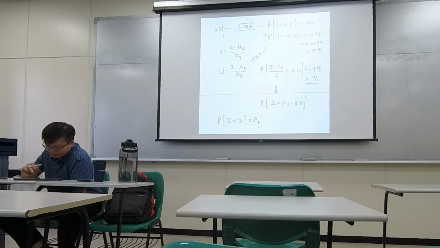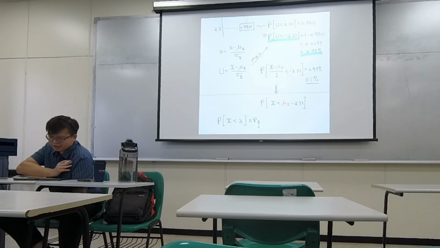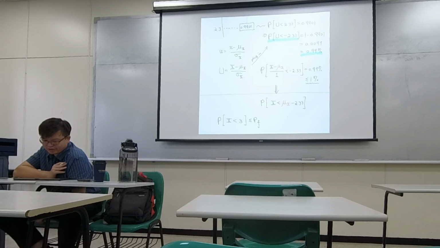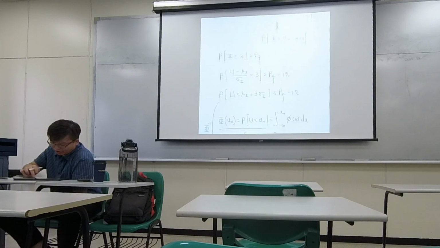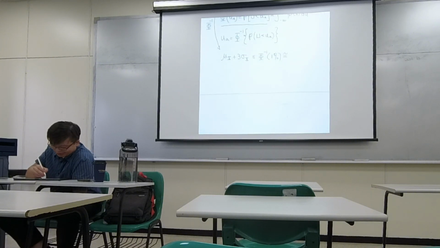So this is close to, we already know, negative 2.33. So recall, it's a little difficult. U smaller than negative 2.33 is close to 1%, right? If I apply the inverse of this, it's a little difficult.